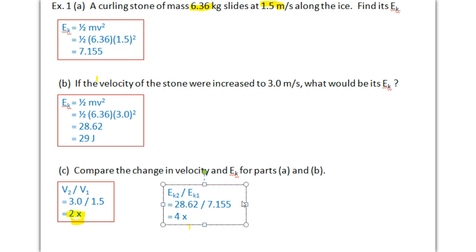Initially it was 7.14, and your kinetic energy went up by 4 times the amount. And the reason being is because of the squaring in the formula. Because the velocity gets squared, the amount that we increased it by also squared. So again, it was doubled, but the doubling was squared, which gave us 4 times the amount.